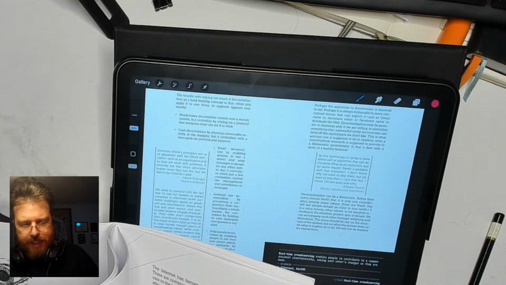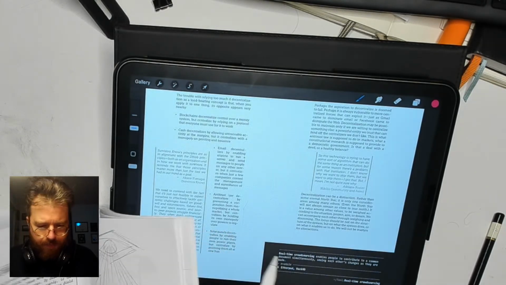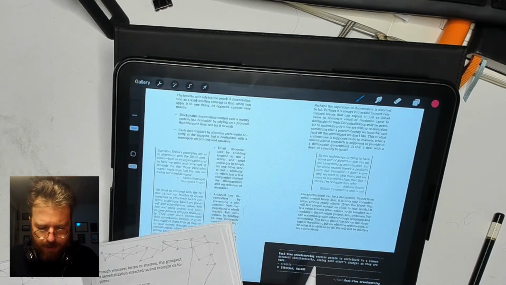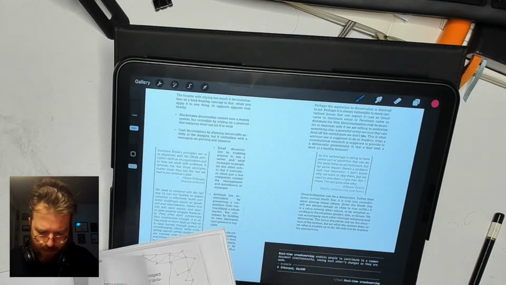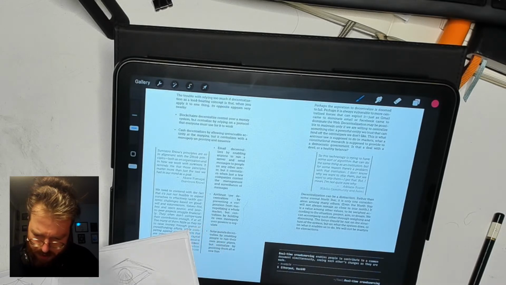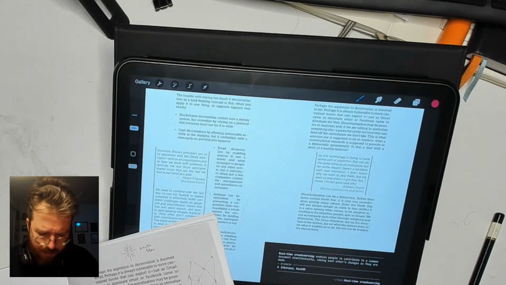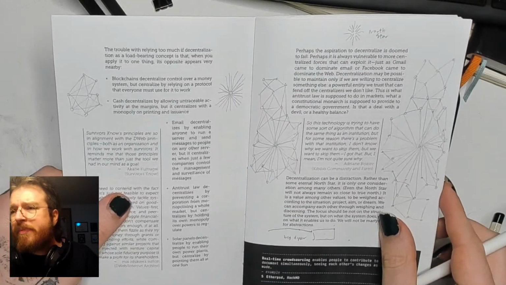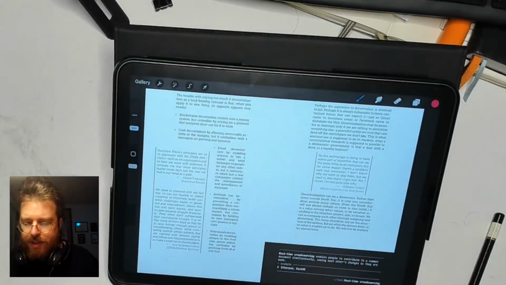So this is under decentralization. I can just look up that spread. And it's real-time crowdsourcing. I don't know the page numbers on here. So yeah, so then I'm like, okay, there's the sketch.